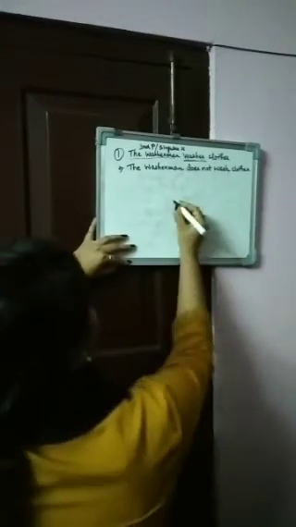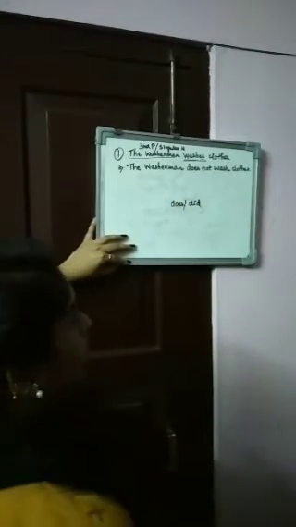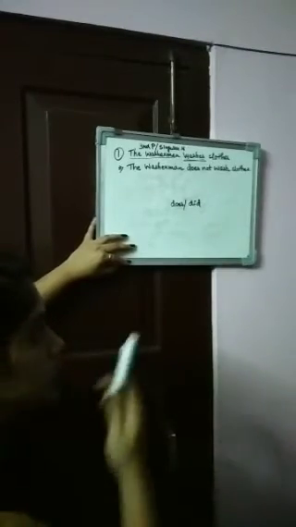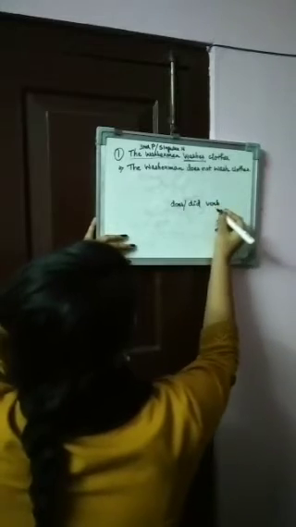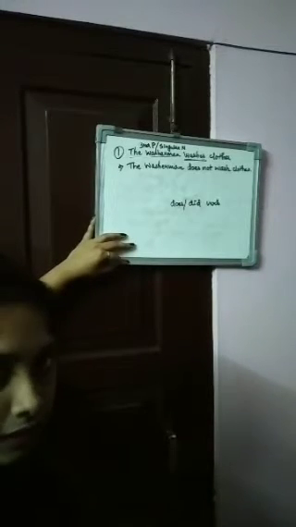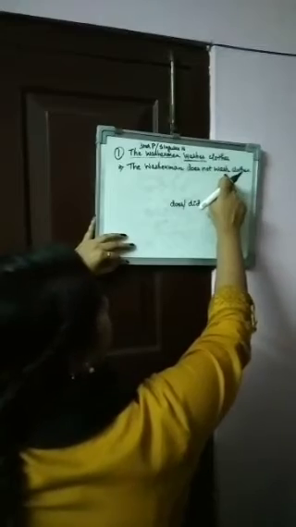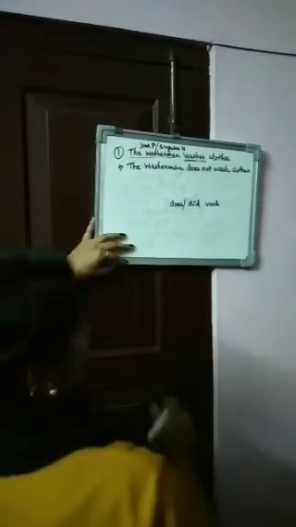Whenever it is does or did, after that if we put any verb, we will write it in its original form. We will not write s or es, or the past tense. Clear? We will only write the main verb, the original word. Wash, only wash. Remember this thing, this is very important.